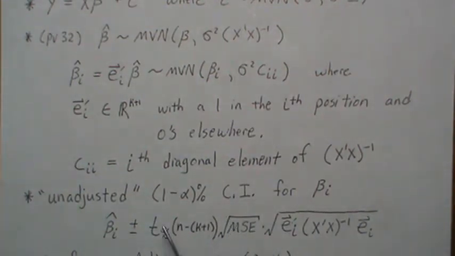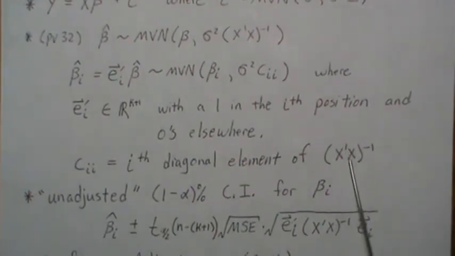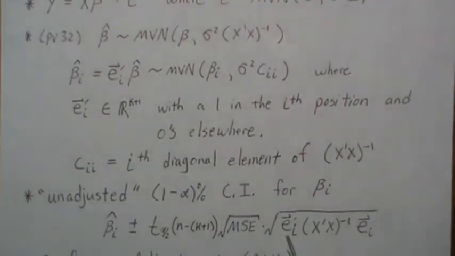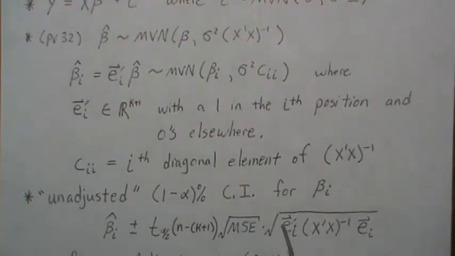You can actually go to video 32 for a little more detail on that. But notice here that this right here is what we were calling c_ii. So this is X transpose X inverse, right? And if we pre and post multiply it by that e_i vector, it actually grabs that ith diagonal element from this. So this is what we were calling c_ii.